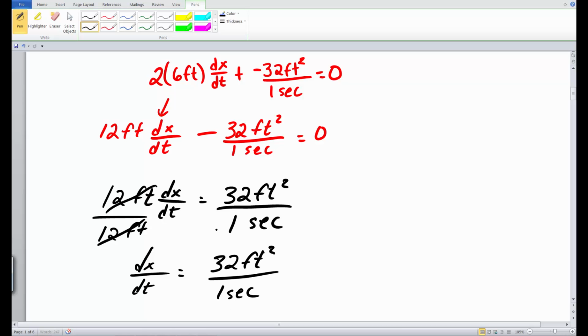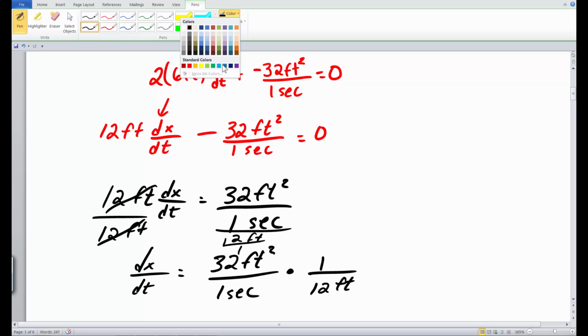Again, really you'd be dividing this fraction by this fraction, but what I'm going to do is just multiply this first top fraction by the reciprocal on the bottom. So when we do that, we have times 1 over 12 feet. And as a result, we do see one of the feet end up canceling out.